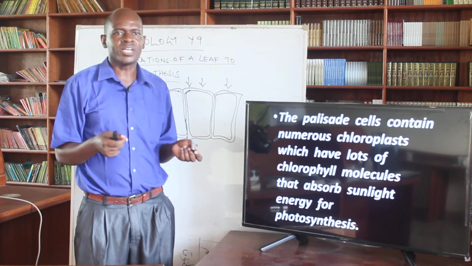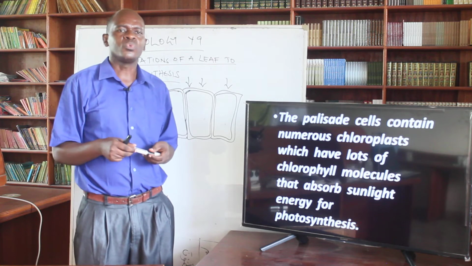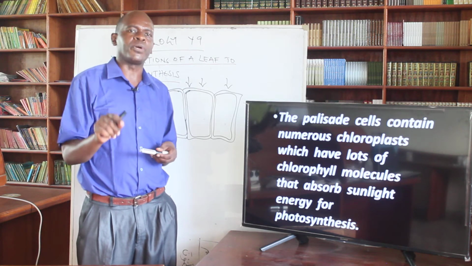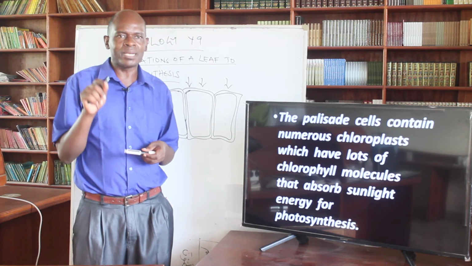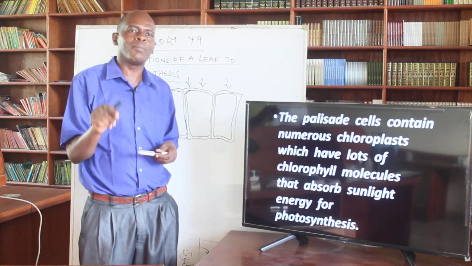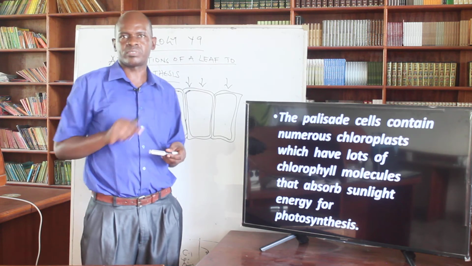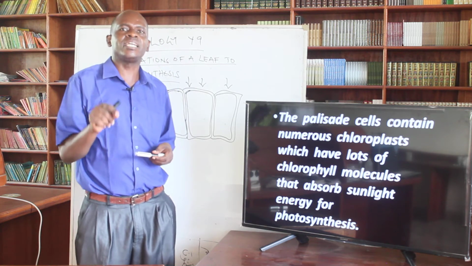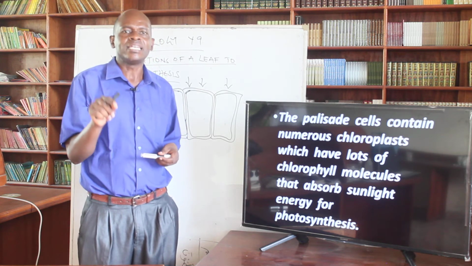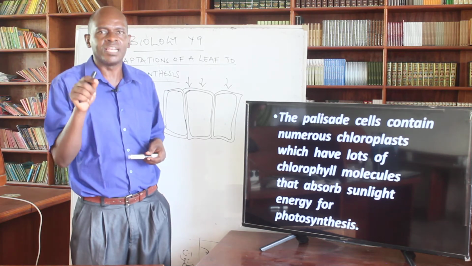So the Palisade cells have lots of chloroplasts which have chlorophyll molecules. When you mention that the Palisade cells have chloroplasts, it must be attached to the presence of the chlorophyll molecules, because the sunlight energy is not absorbed by the chloroplasts, but rather it is absorbed by the chlorophyll molecules.